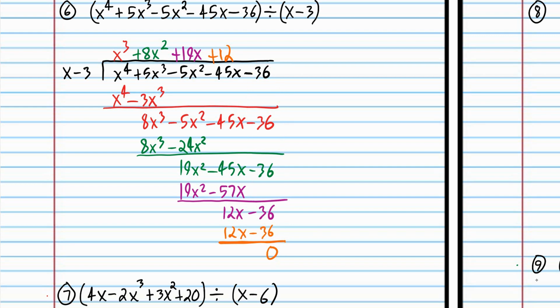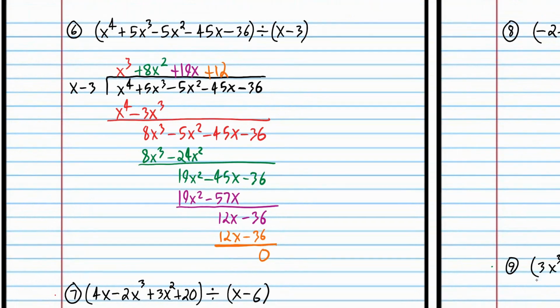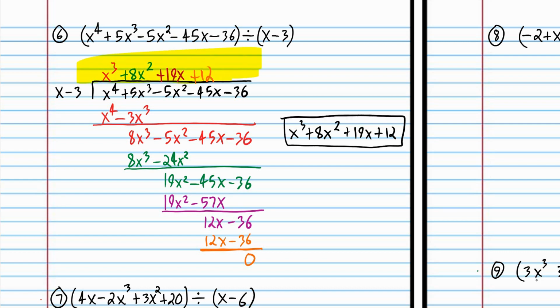And our remainder is 0, so we're done. So now we just have to write the final answer, which is x cubed plus 8x squared plus 19x plus 12. And again, that answer comes from here.